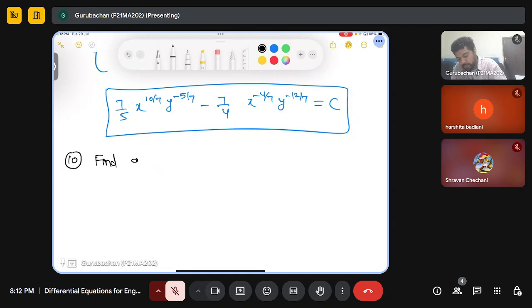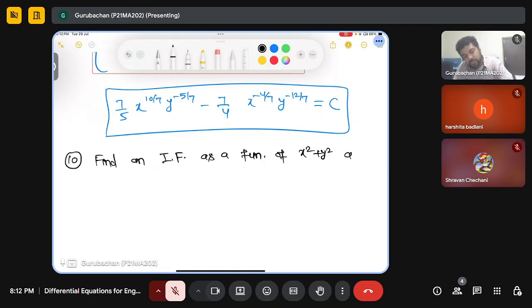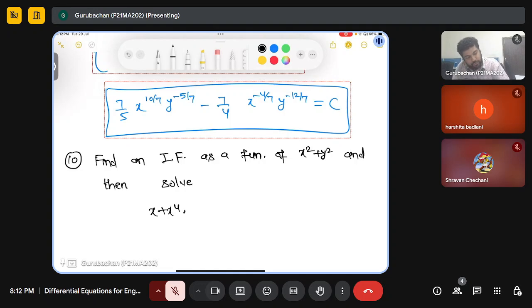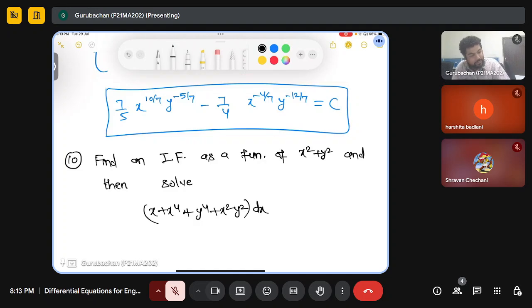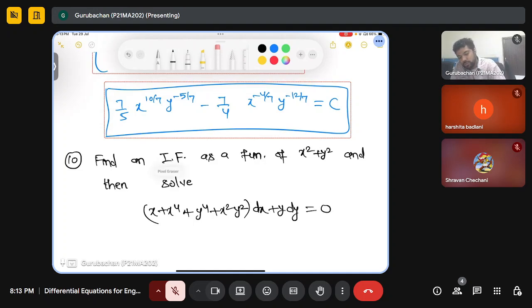Find an integrating factor as a function of x square plus y square, and then solve (x plus x to the power 4 plus y to the power 4 plus x square y square) dx plus y dy is equal to 0.